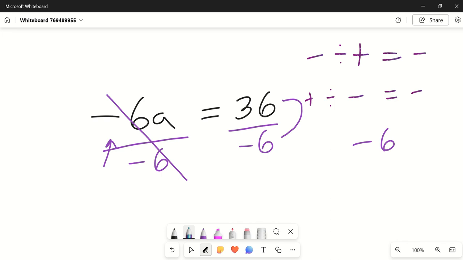Negative still. So a negative number divided by a positive number is negative. A positive number divided by a negative number is negative. A negative divided by a negative equals positive. And then, of course, positive divided by a positive will equal positive.